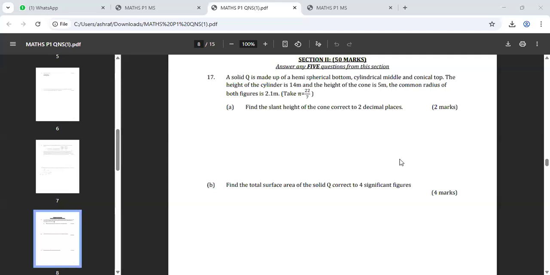Yes, Melvin, you can unmute yourself. The surface area of the cone is 46.86. The cone, yes, pi r l.